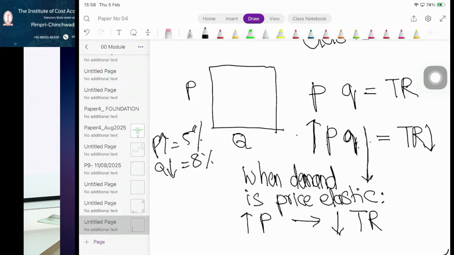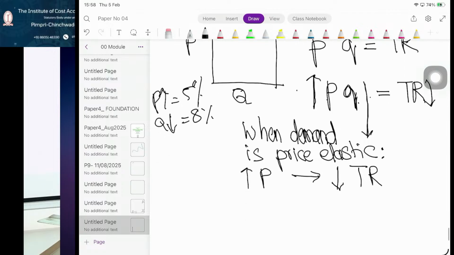Have you got this? Now if we think the reverse way, if price is cut by 5%, my quantity demanded may increase by more than 5%, so it may go up by 8%. So in this case, what will happen? My total revenue will increase.